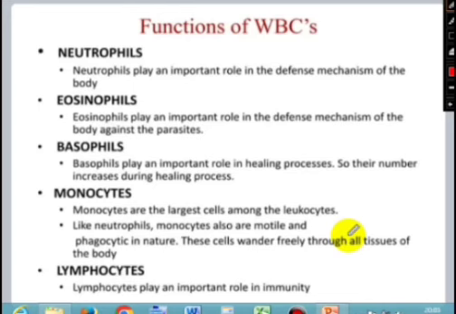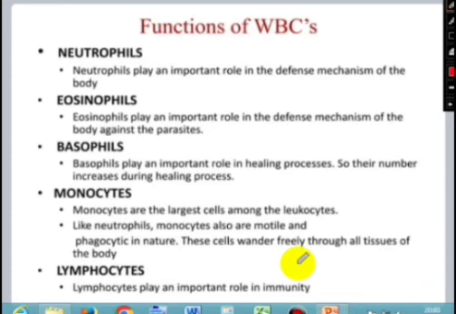Cell eating. So as soon as they see an invading bacteria, they move towards them and they swallow them up. Alright? These cells wander freely through all tissues of the body. That is for the monocytes.